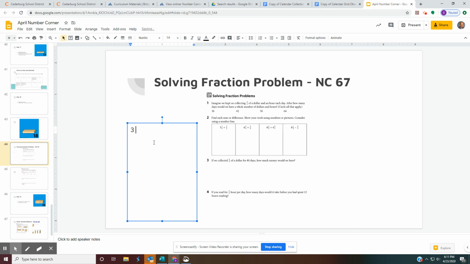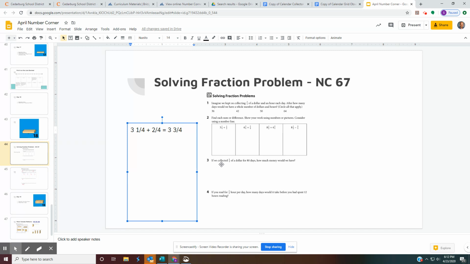So I could keep this as 3 1/4 because I'm not going to change this fraction at all, right? But I'm going to change my half to fourths and change it to 2/4. And what do you get for an answer now? 3 3/4. Did you get that for an answer? Okay, go ahead and do that for the rest of your problems and see what you come up with. Again, I will show you answers as soon as we move on to the next page.